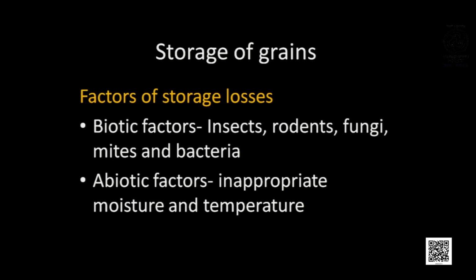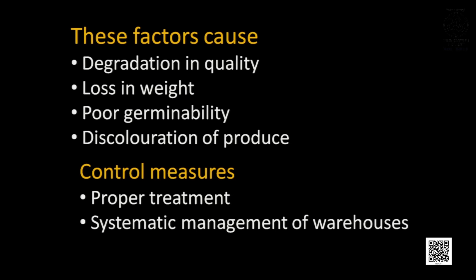Abiotic factors include inappropriate moisture and temperature, and these factors cause degradation in quality of the crop, loss in weight, poor germinability, and discoloration of produce.